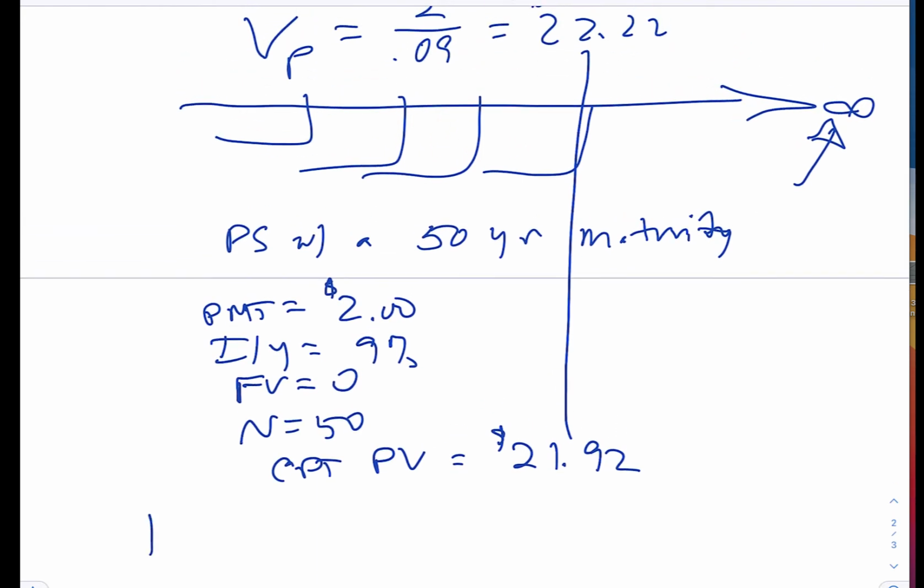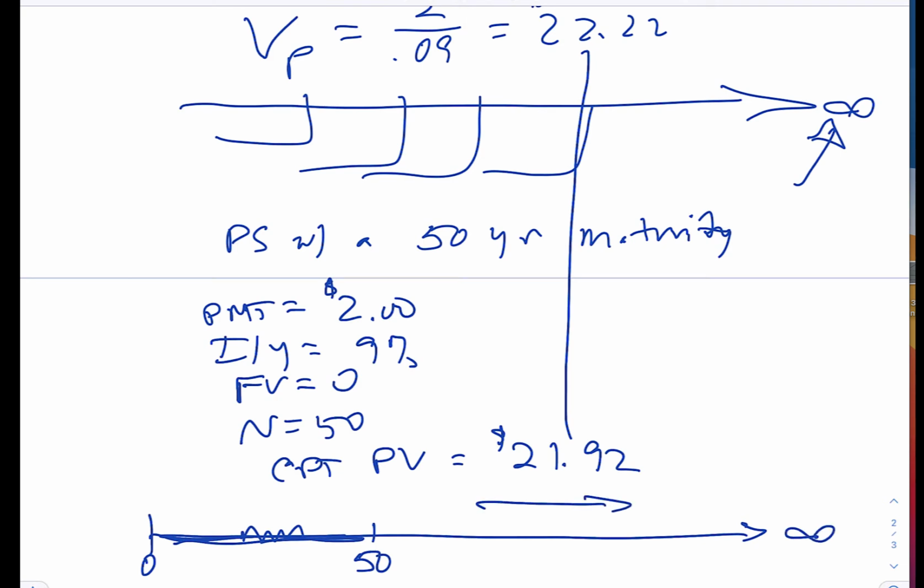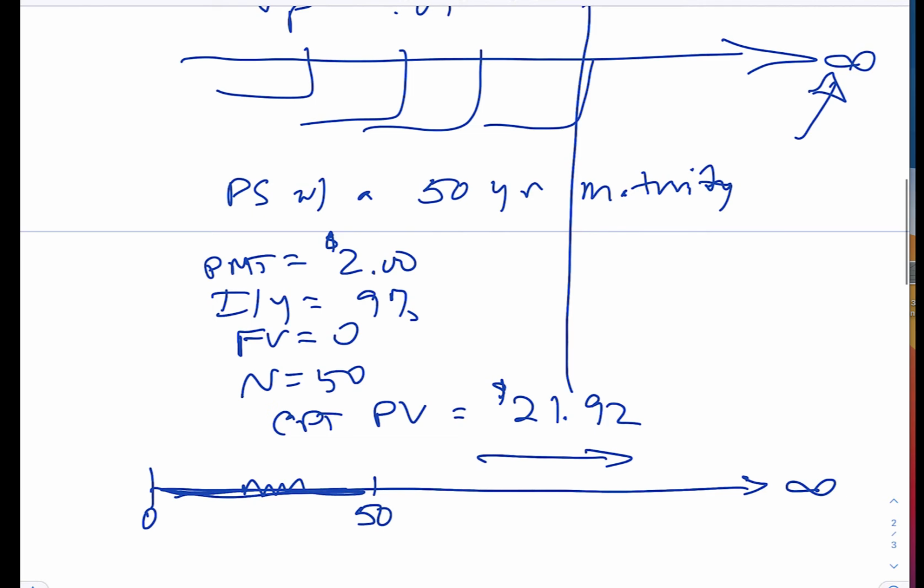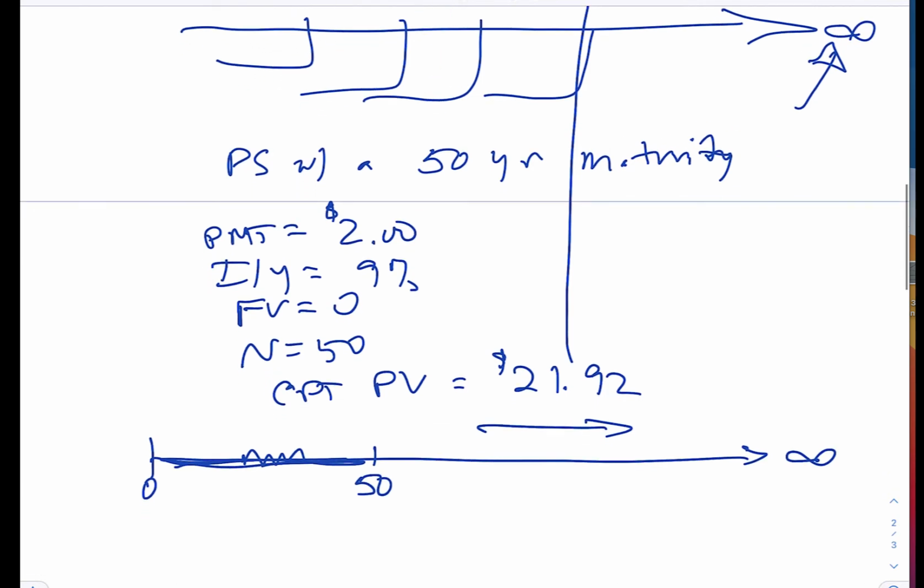Well, looking at a timeline, I'm going to put a little chop here, and this represents 50 years, and then this represents all the way out to infinity. So if you have a preferred stock that goes all the way to infinity, that's worth 22.22.